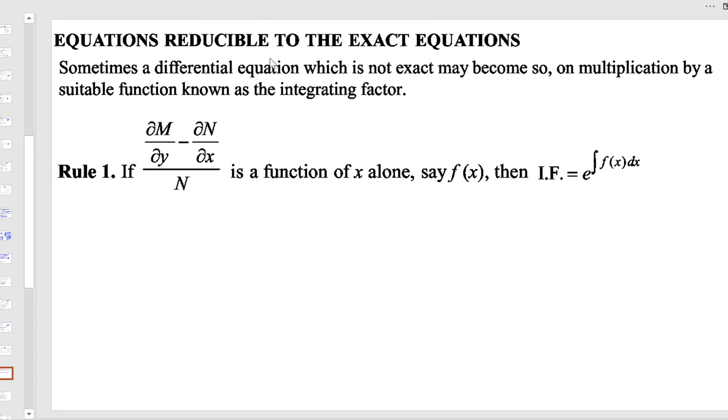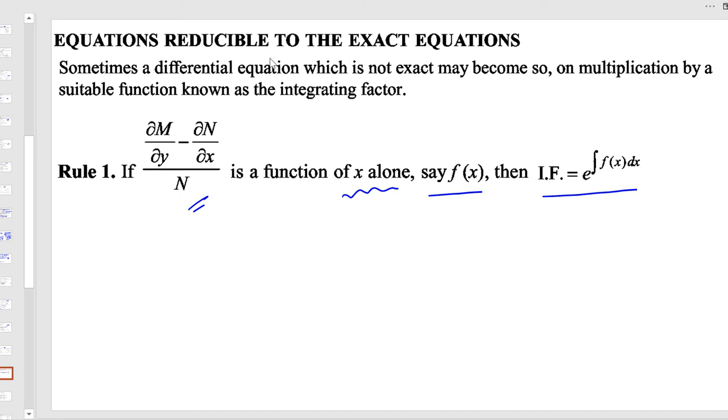For exactness verification, there can be equations that may not be exact, and by applying a suitable integrating factor, they can be made into an exact equation. For example, if the fraction is a function of x alone, say f(x), then the integrating factor will be this one.